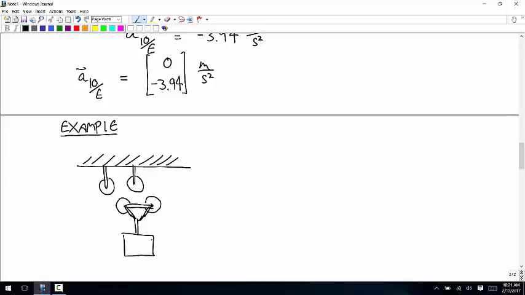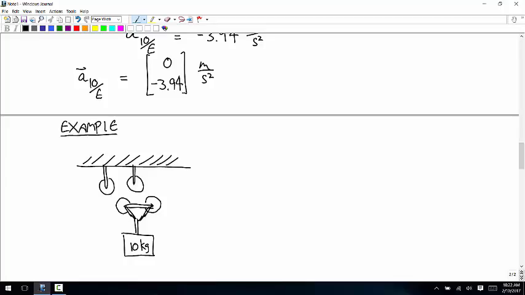Let's say that that's 10 kilograms. And do you notice any problem with the setup yet so far? Can anyone estimate what the acceleration of the 10 kilogram mass would be right now? Yeah, very good. Down at 9.81.